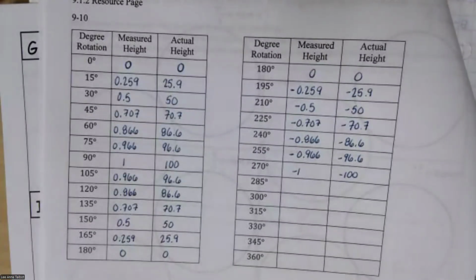Okay, then what do you anticipate is going to happen once it rounds down at the bottom of 270?